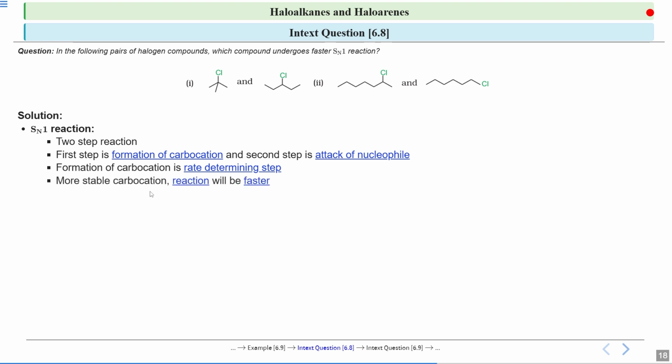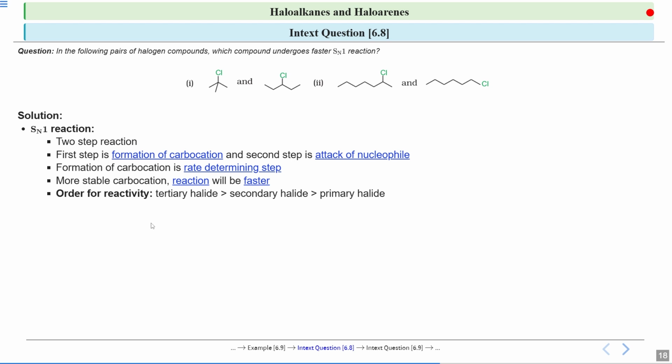So the more stable the carbocation, the faster the reaction will be, because the rate determining step is the step where the carbocation is forming. So if a stable carbocation is forming, then the reaction rate will be higher. The order of reactivity for the SN1 reaction is highest for a tertiary halide, then for secondary halide, and then for primary halide.